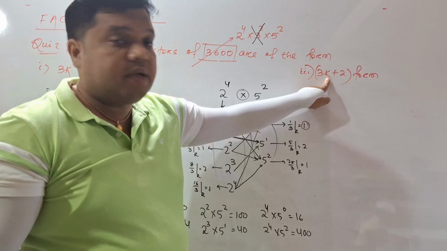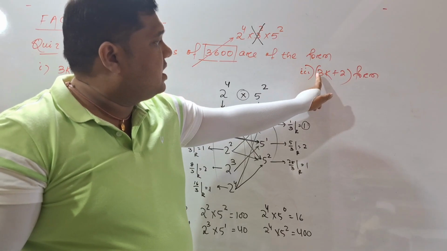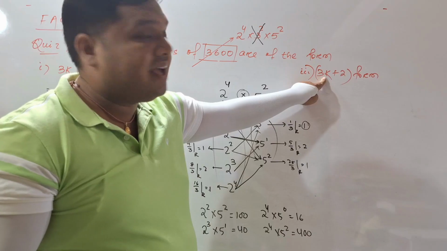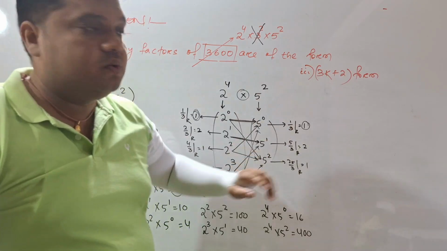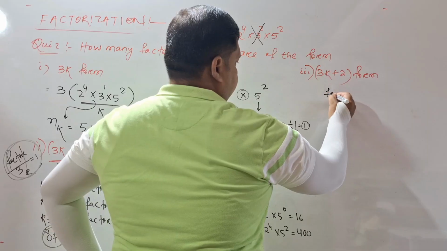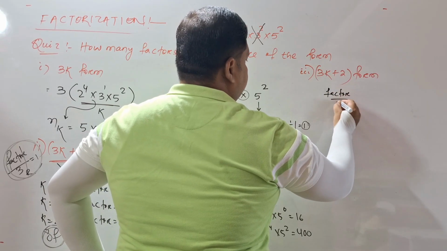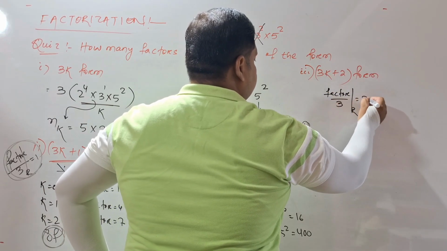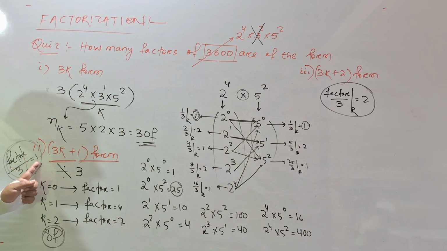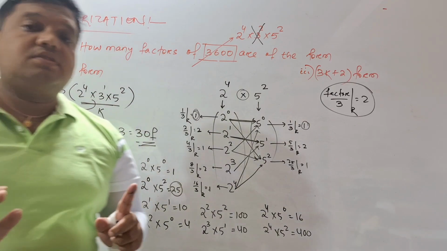If I put k equal to 1, I will get 5. 5 by 3 remainder 2. If I put k equal to 2, 8. 8 by 3 remainder is 2. So in this method, whatever factor you select, when I divide this factor by 3, remainder obtained is 2. Remainder here is 2 and here remainder is 1. So logic understood? This is the thought process.